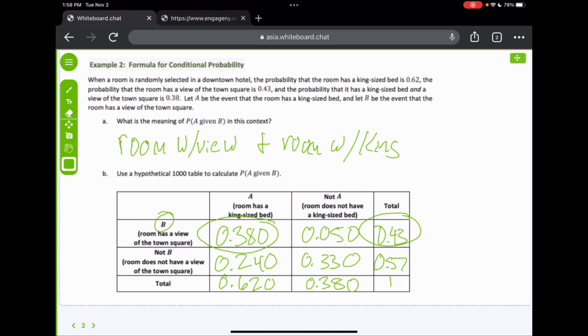Well, use a hypothetical. This is what we're supposed to do here. What is A given B?